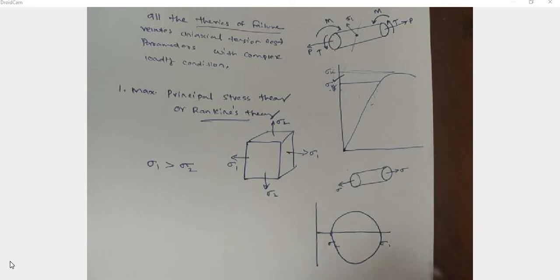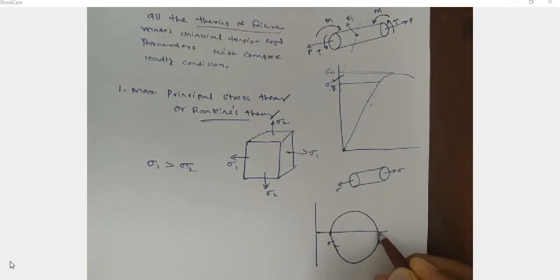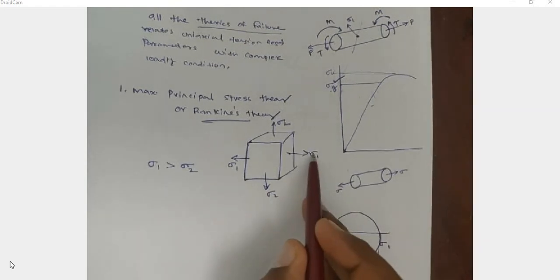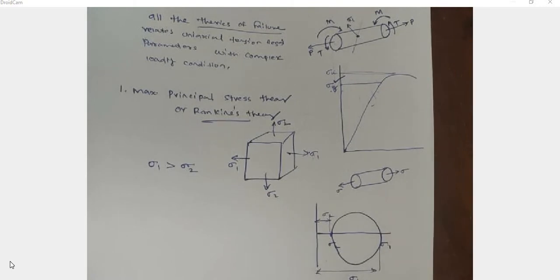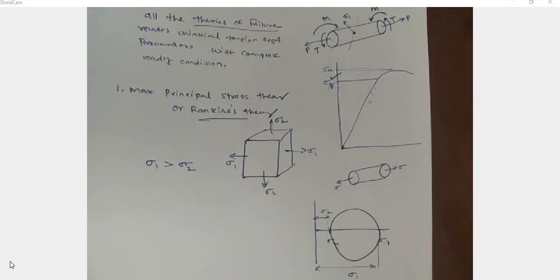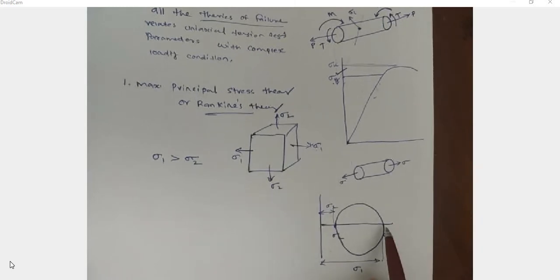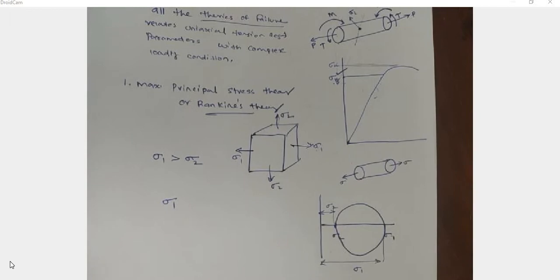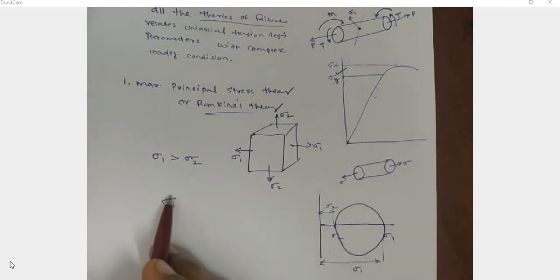So what is the maximum principal stress? The maximum principal stress is equal to sigma 1, and the minimum is equal to sigma 2. There is no change. The x component of stress is equal to the maximum principal stress, and the y component of stress is equal to the minimum principal stress. So the principal stress sigma 1 is the maximum principal stress.